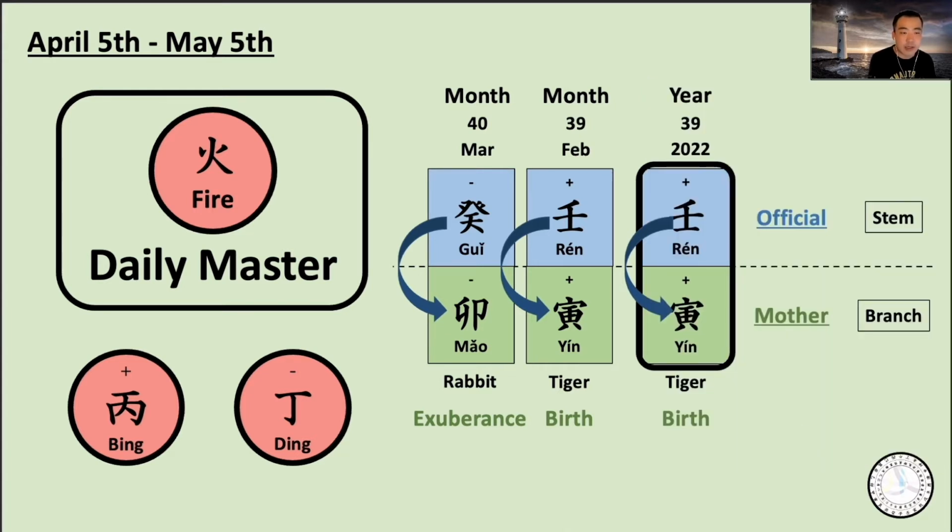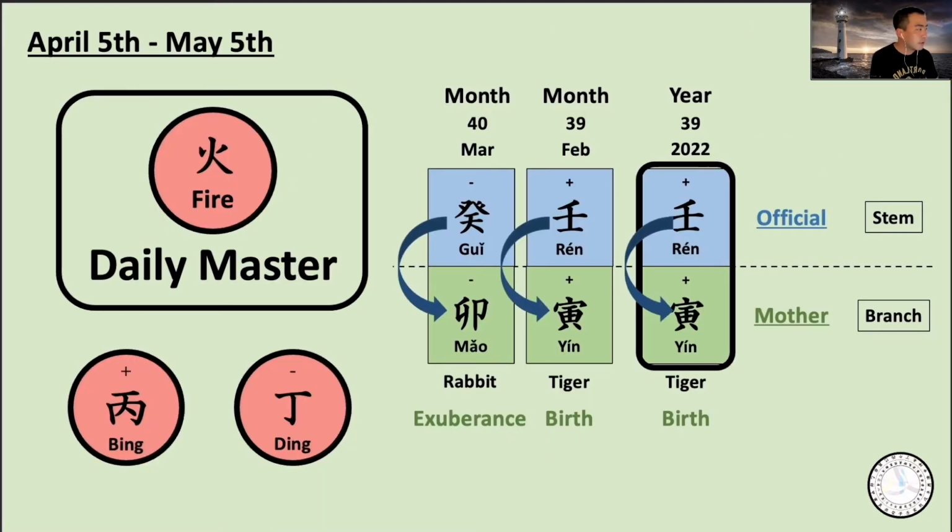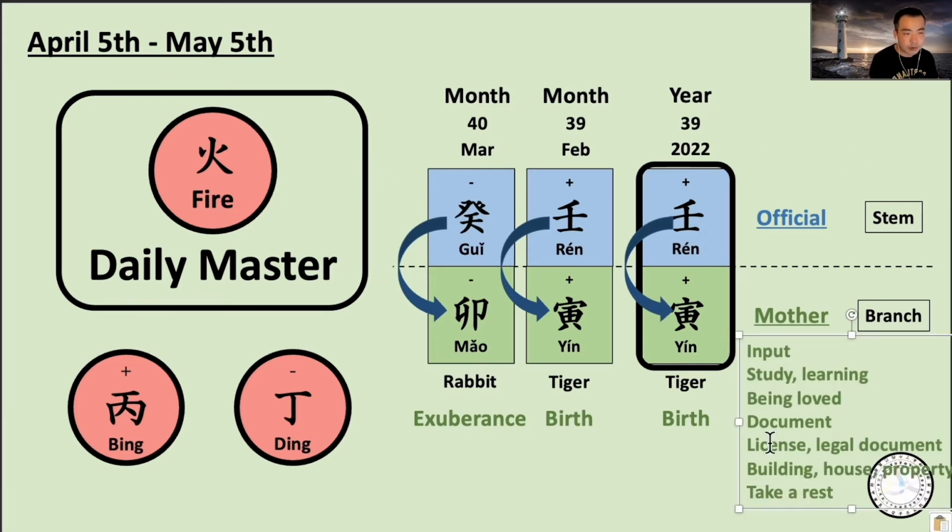For fire daily master, water is official spirit. It's the same analogy. Water is generating wood. But for fire daily master, official is generating mother. For fire, water is official that controls the daily master, and wood is the mother of the fire. And this year's energy is generating from official to mother. So let's put the official spirit. Mother is the same: any kind of input, study or learning, in the sense of being loved.